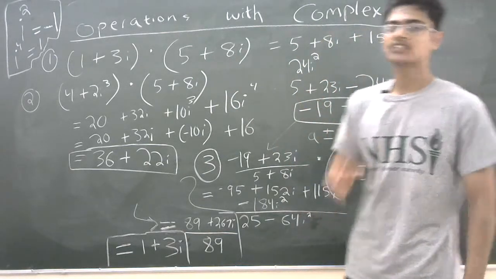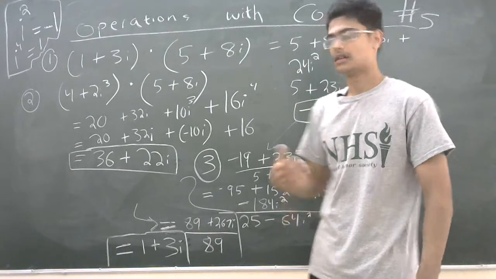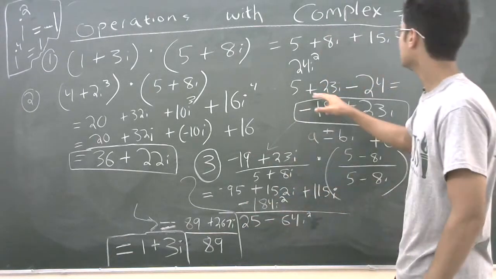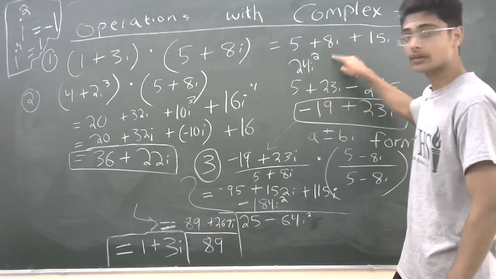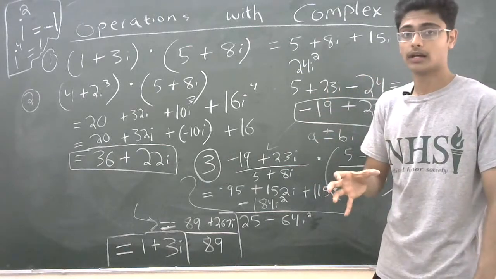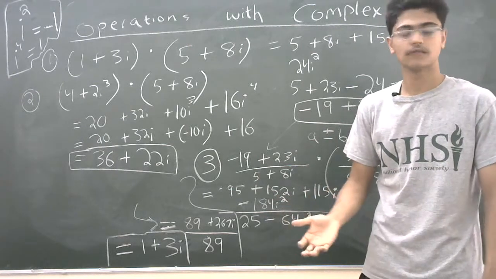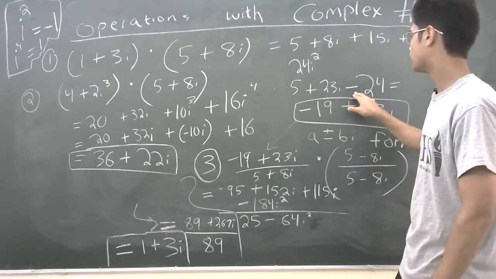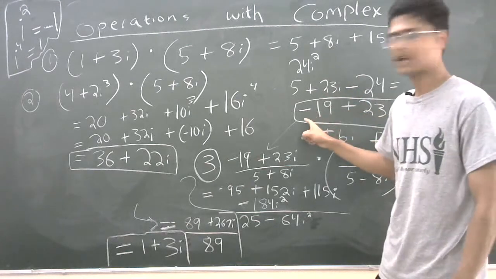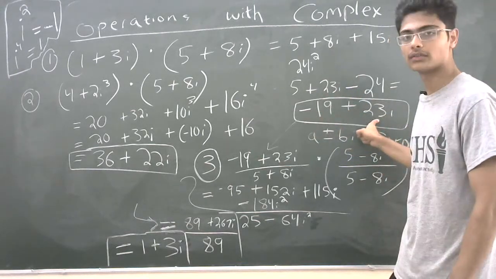So again, what's i squared equal to? -1. Therefore, when we simplify this further, we get 5 plus 23i plus 24 times -1, which is essentially -24. So we do minus 24. And then solving this further, we get -19 plus 23i.